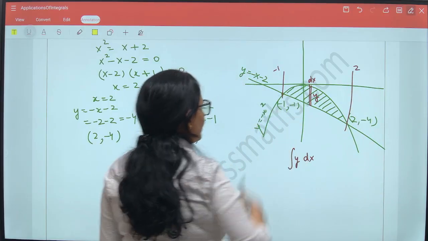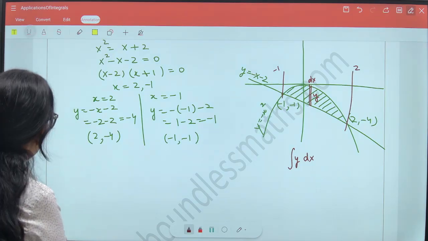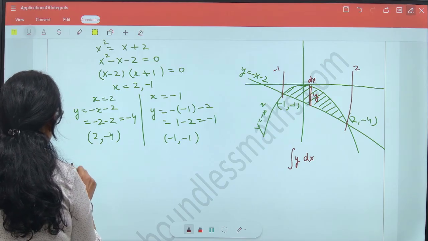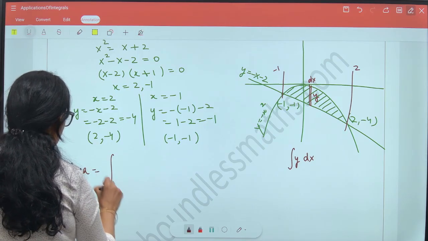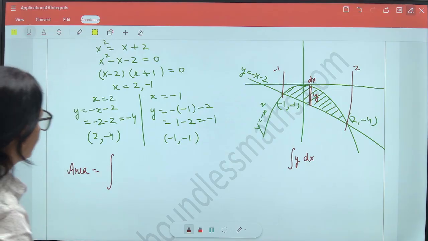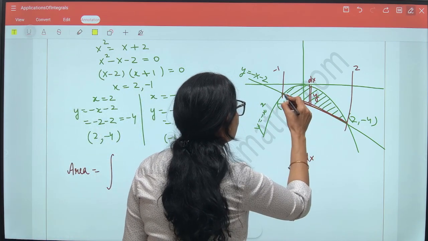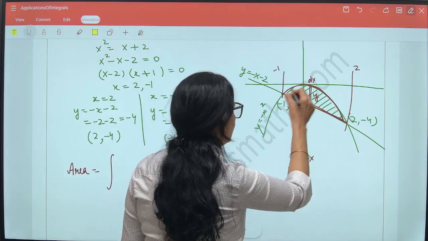So you need to find this area limited by these axes. So let's do that. So the required area is integral of y dx. That means you first write the equation of the straight line and then take away the area of the parabola.